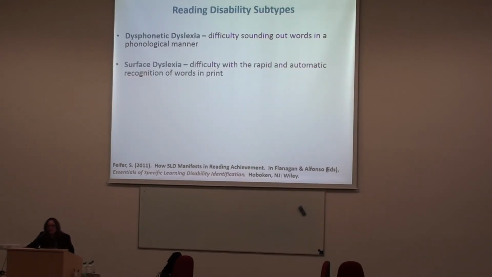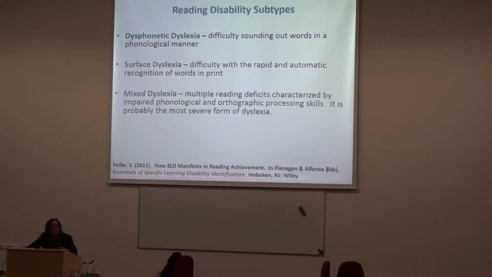Surface dyslexia is difficulty with the rapid and automatic recognition of words in print. That's the orthographic processing deficit. Mixed dyslexia is a combination of phonological processing and orthographic processing. This is the type of reading disability that is most difficult to treat.